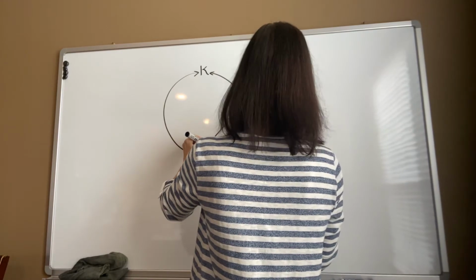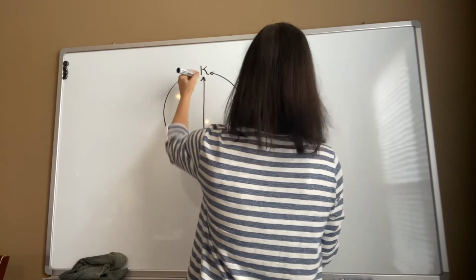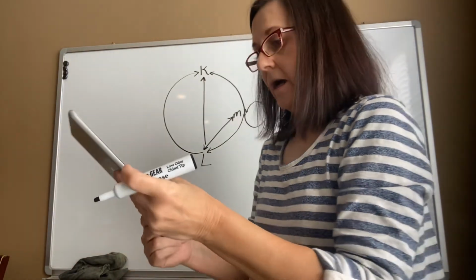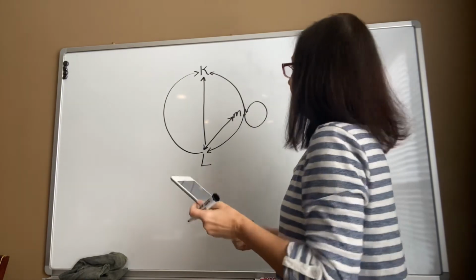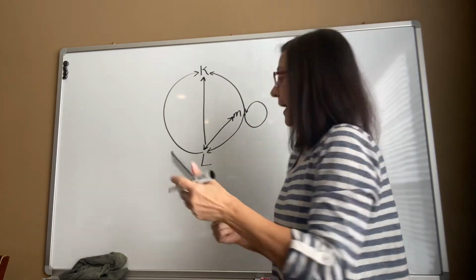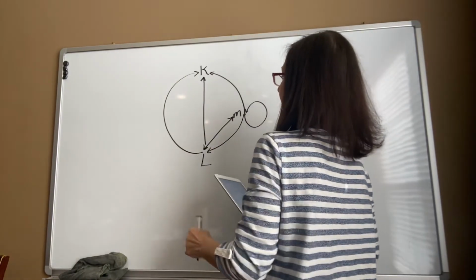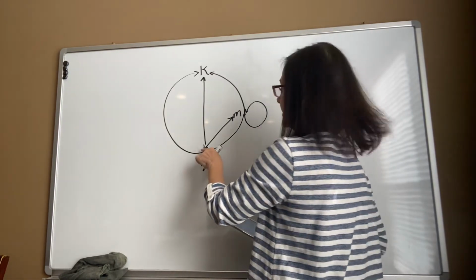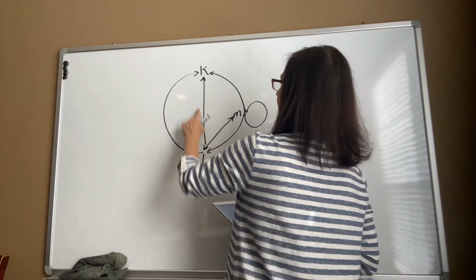All right, I forgot that one, sorry. And L also goes to K. Look, L goes to K in two paths. L goes to K here, L goes to K there.